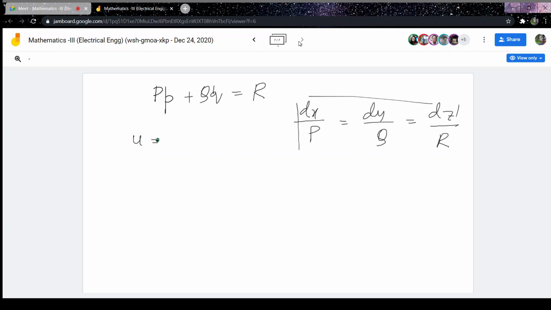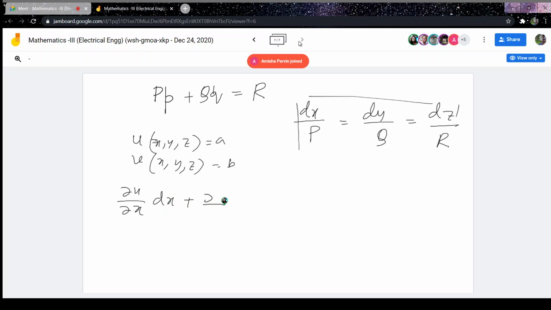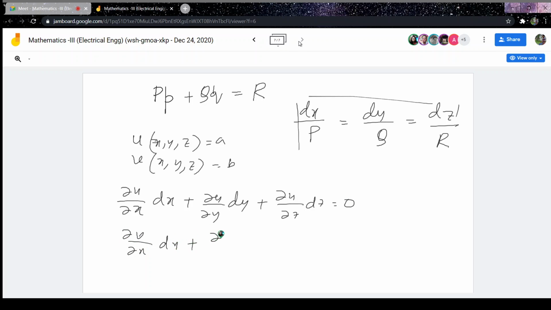Your u, with respect to x, it is the total differential del u del z dz is equal to 0, del v del x dx plus del v del y dy plus del v del z dz equal to 0, from which you know how to solve this.